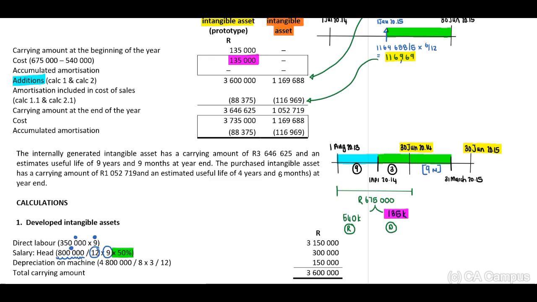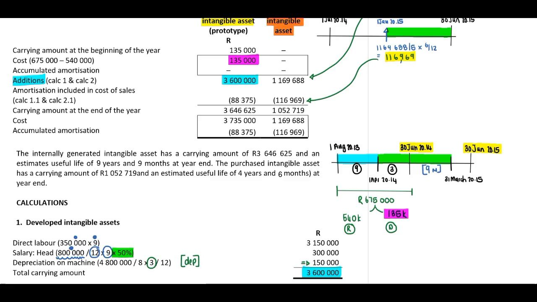And they've indicated to us that we had a machine of 4.8 million, and this machine spent 3 months on our project. Therefore, we had to allocate the depreciation relating to this machine to our development costs. And this amounts to a total of 3.6 million.